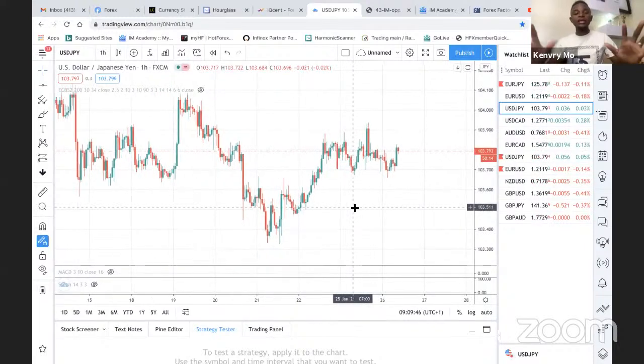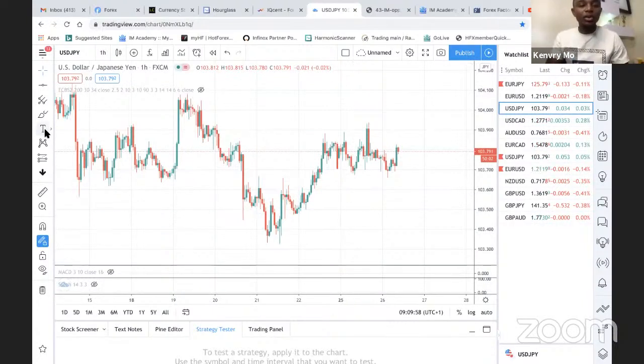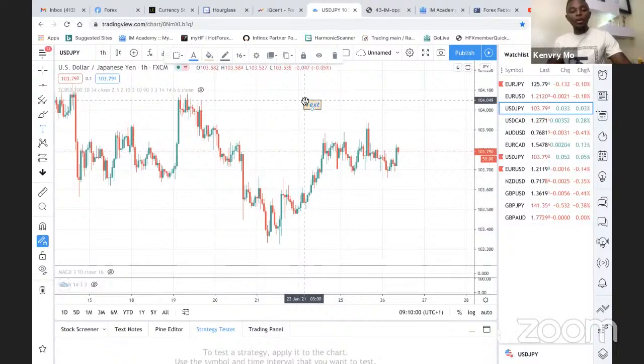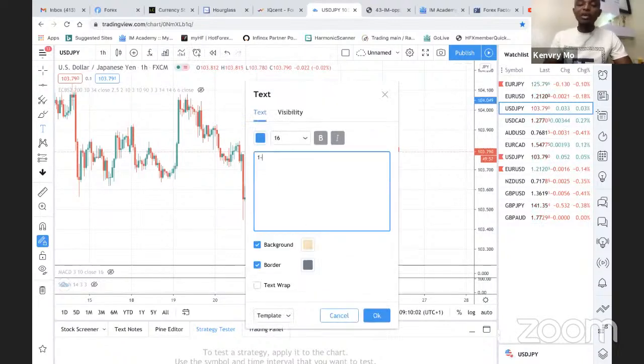First, you want to understand the naked chart. This is TradingView. Your ability to understand and identify trend, support and resistance, and price action are the three things that control the market. You want to write it down right now. Number one, even in this small time frame, is trend: where is the market moving to?